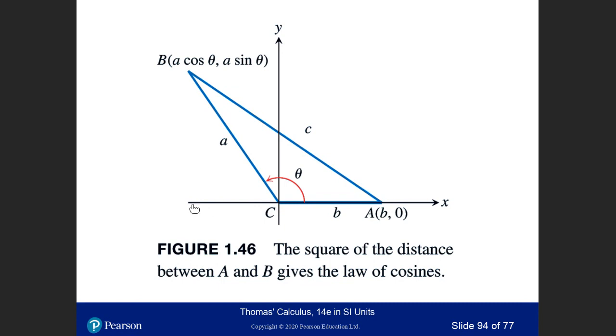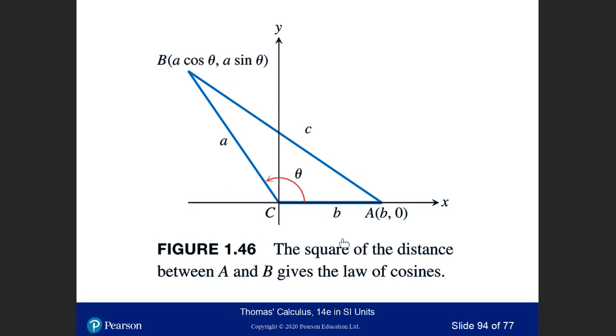How can I calculate this distance? It's called h. Sine of theta is h over c.